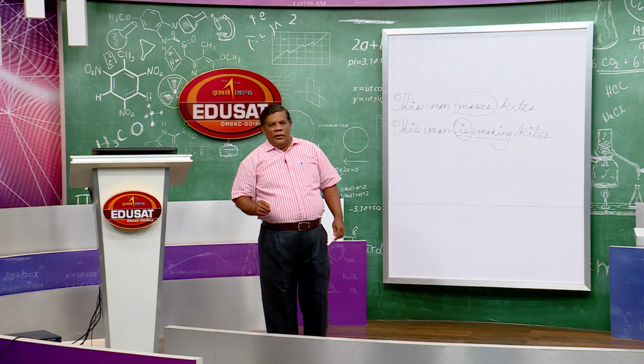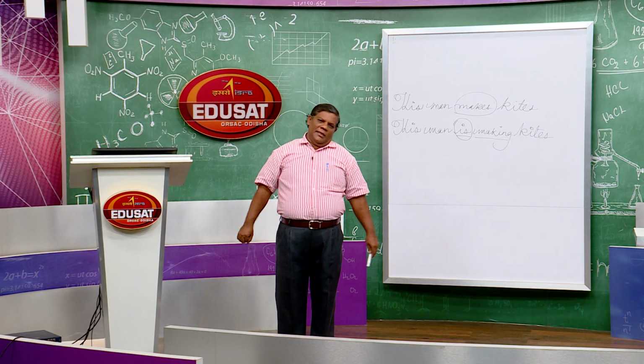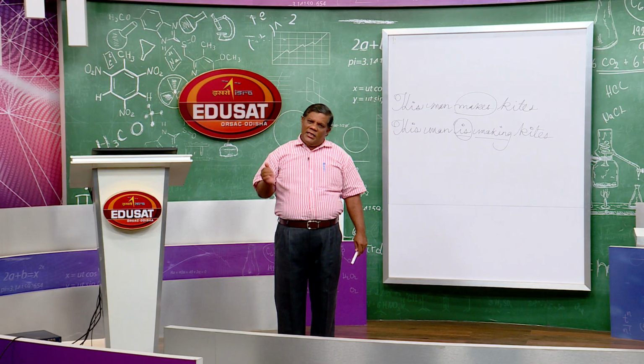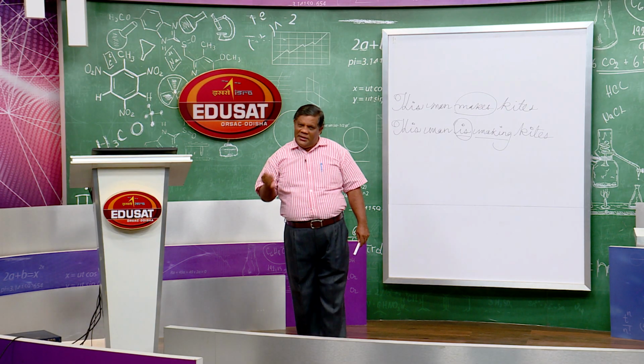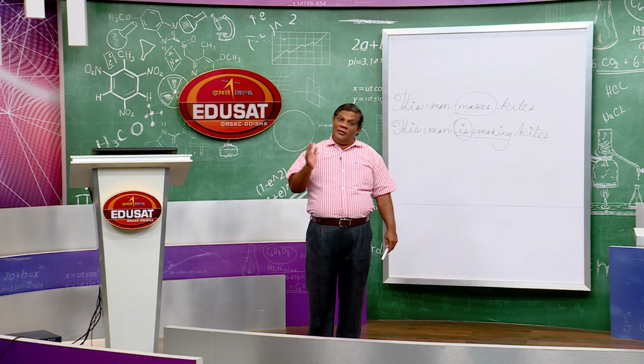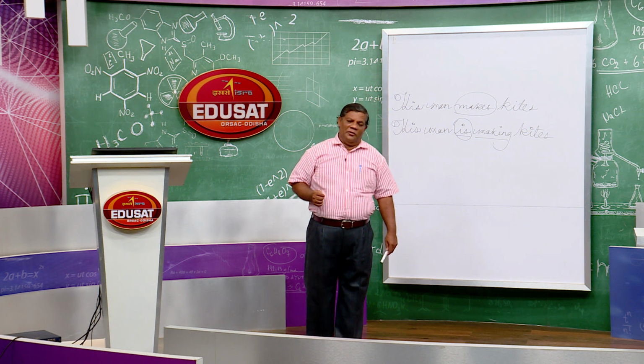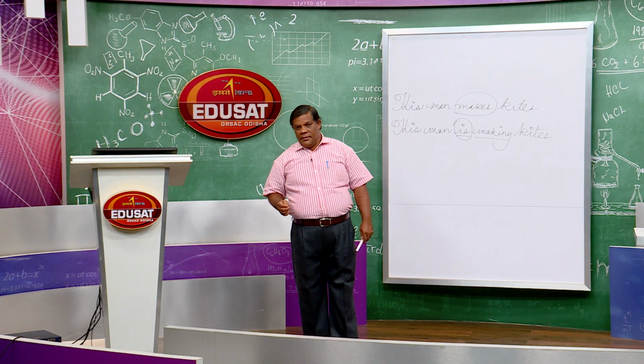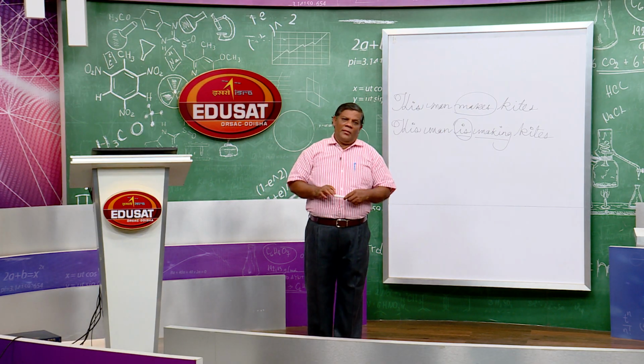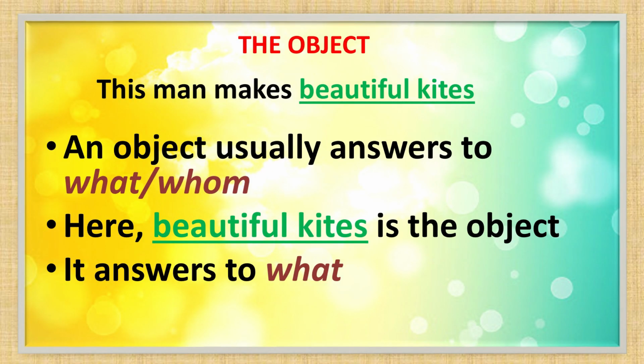Okay. We also need another element, you see, subject, we need subject, and the next is object, verb, and now the third important element for passivization is the object of the sentence. And now, see, come to the object of the sentence here, and if we take the first sentence, this man makes beautiful kites, this man makes kites or beautiful kites.